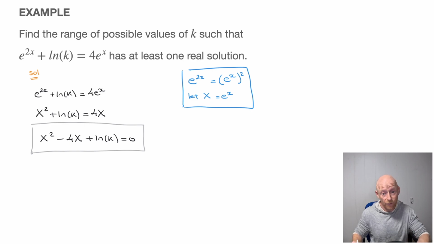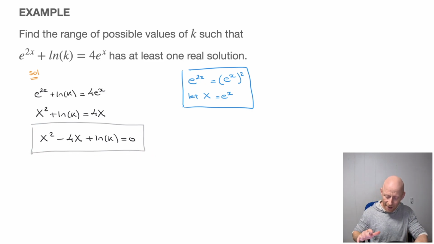In other words, we don't have to write e to the x equals capital X and rewrite the equation this way. Indeed, if you're comfortable with saying that this is e to the x, squared, minus 4 times e to the x plus ln of k equals 0, then by all means write things that way. I simply find that by rewriting the equation thanks to this change of variable, it allows me to at least temporarily forget that I'm dealing with an exponential equation and focus solely on this quadratic equation.